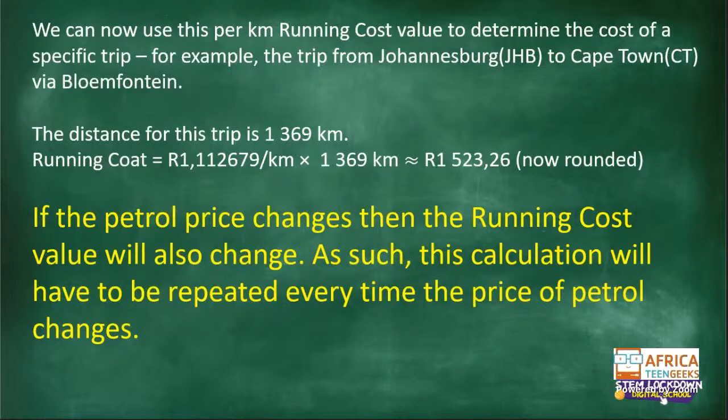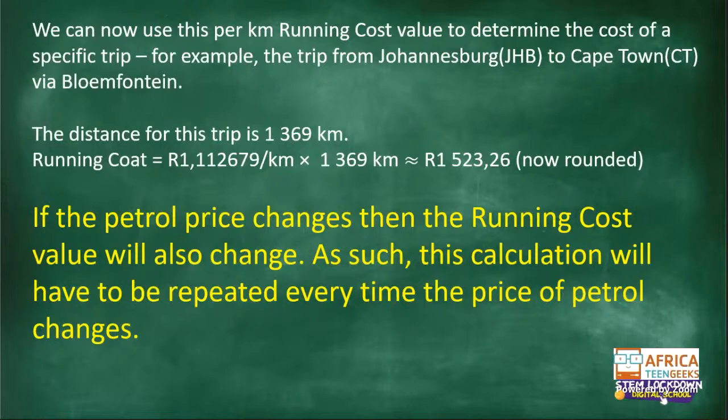So if you take a trip from Johannesburg to Cape Town, you know that your trip in terms of the costs, we're not talking about the other things yet, we're talking about the cost, will be 1,523 rands and 26 cents. That is how much it will cost.